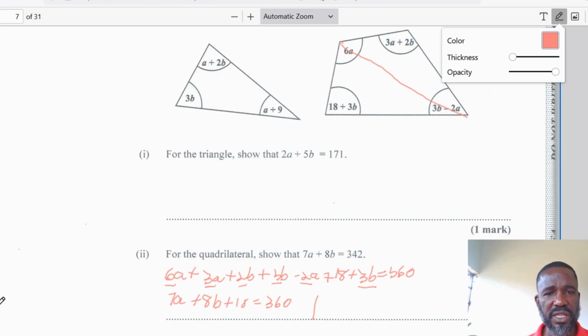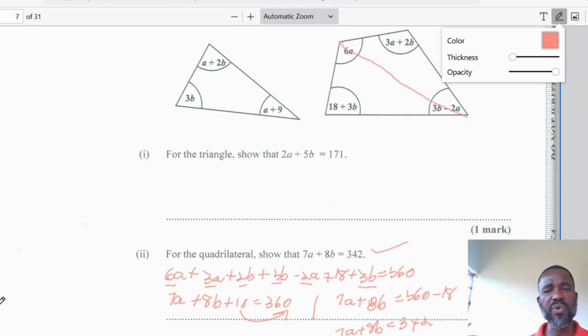So when it goes across the equal sign, now we can say if we subtract 18 from both sides, then we would have got 7A plus 8B is equal to 360 minus 18, and then we would simply end up with 7A plus 8B equal to 342. And so we would have proven that again.